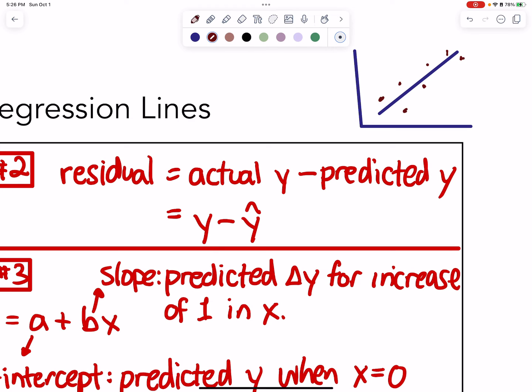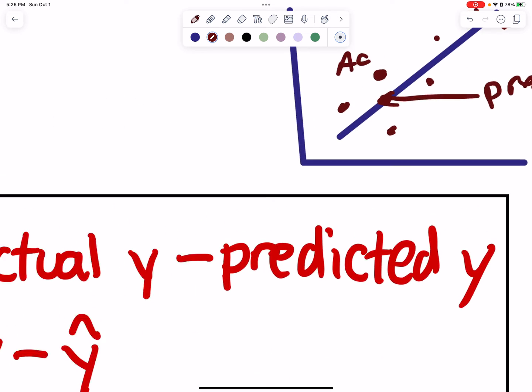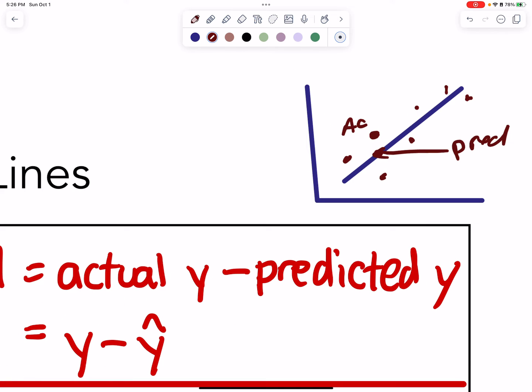The distance here, so this is my actual. And then the line itself is my prediction. Let's zoom in a little bit. So this distance here, the actual minus the predicted, that's called my residual.